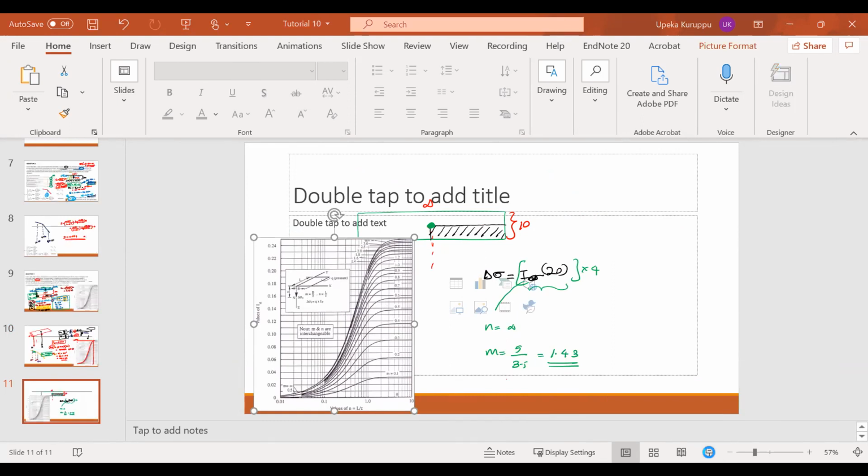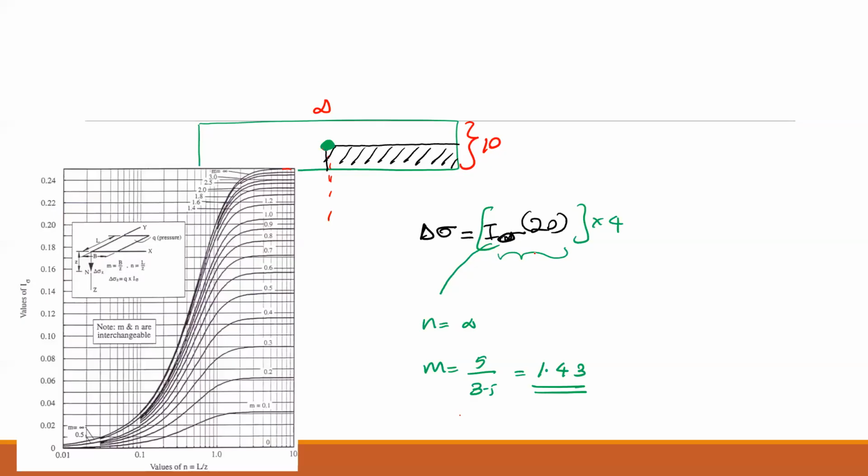Okay, so let's see what is the point now. This is all infinite, that's fine. And M is 1.43, so 1.43. No, it is different. Yes, 1.43. So 1.43, this is somewhere here.